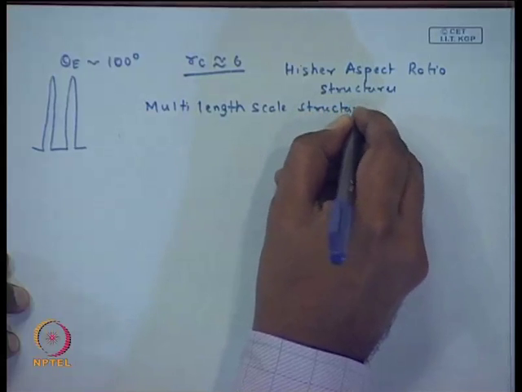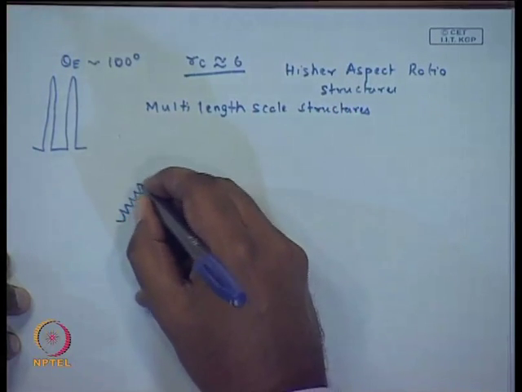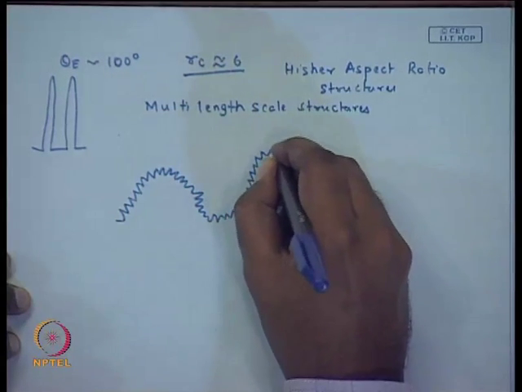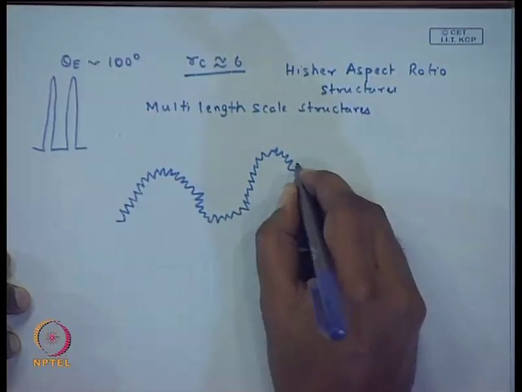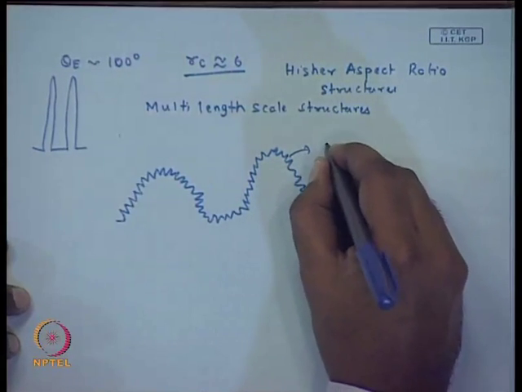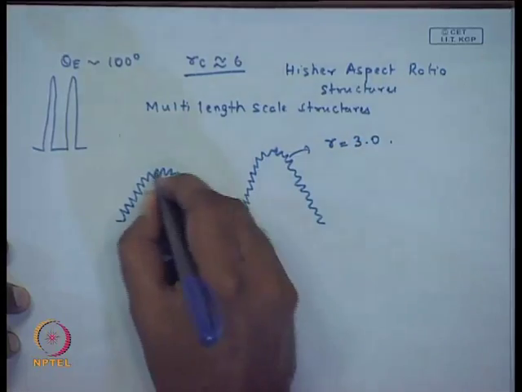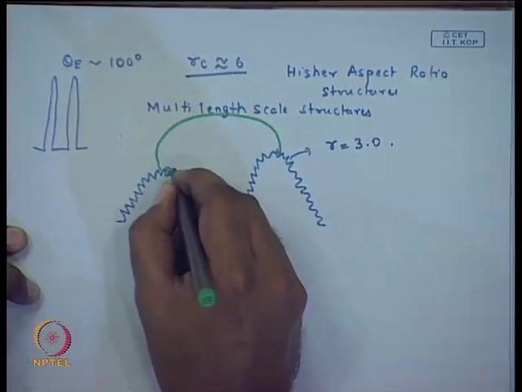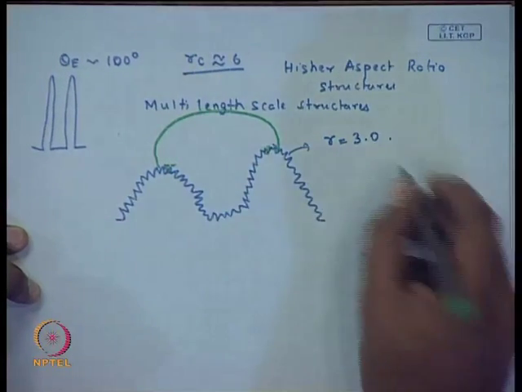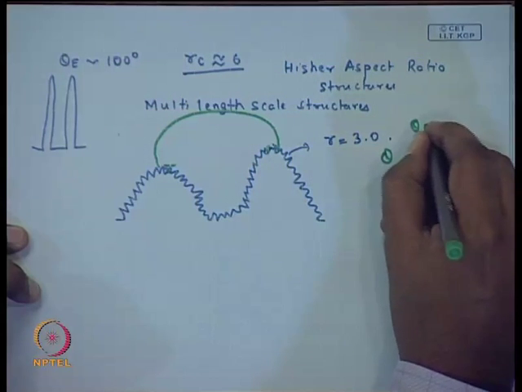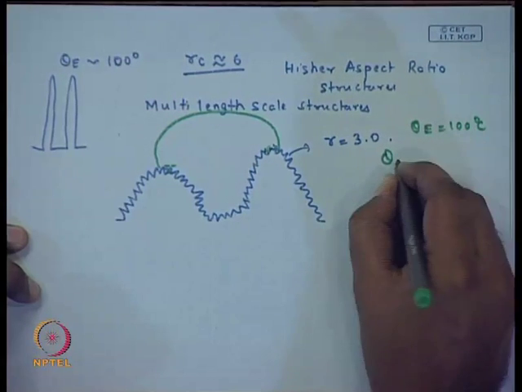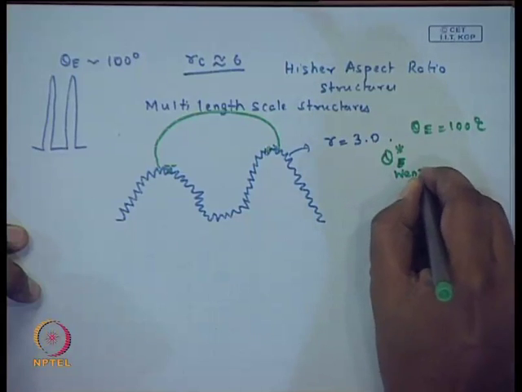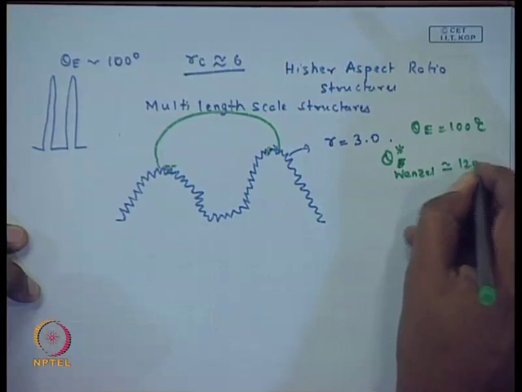So, let us quickly talk of a structure like this, where the nano patterns have an r of 3.0 and you have Wenzel wetting here. If your equilibrium contact angle is roughly 100 degree, this will give a local Wenzel angle of roughly 120 degree.